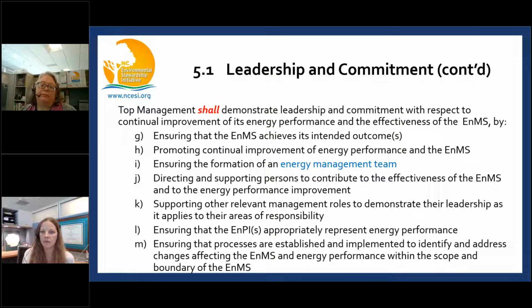This includes provisions of resources, gaining competence, ensuring awareness, effective communication, and appropriate documented information. In clause 8, which is operations, certain operational control designs and procurement needs. In many cases, top management is going to be responsible for that.